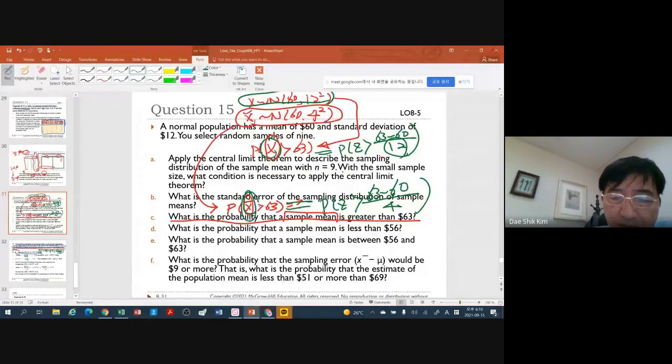This is X bar, so you need to divide by 4. So read the sentence very, very carefully. Is it the sample mean or the variable itself? The question is the probability that a sample mean X bar is greater than 63. So you need to use this.